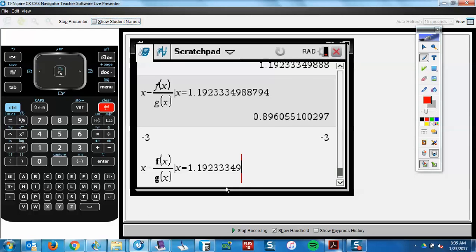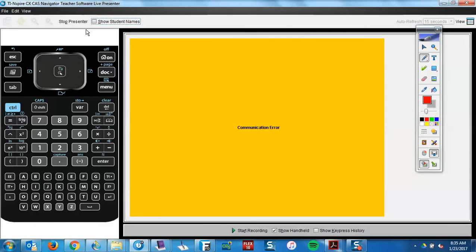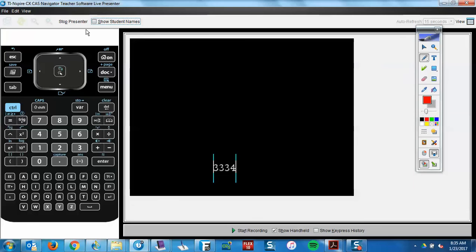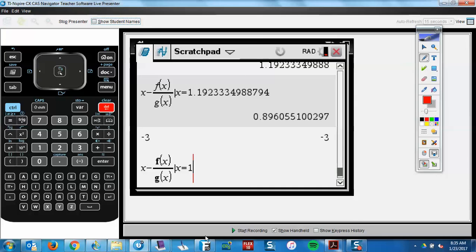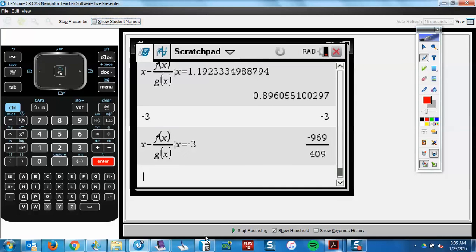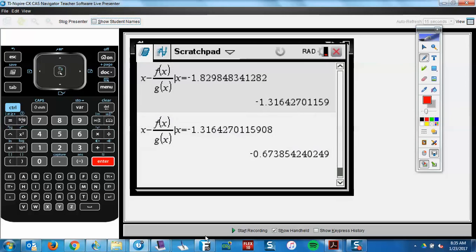It's almost like when you delete a whole bunch of times, it can't keep up. There it is. Okay, so you put in negative 3. Now do your answer, and it's getting it.